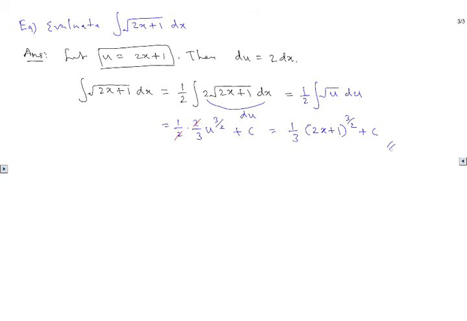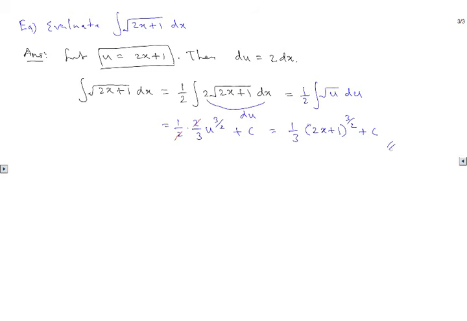Okay. Now, this is not the only substitution, so I'm going to ask you to do this using another method. So actually let's do that.